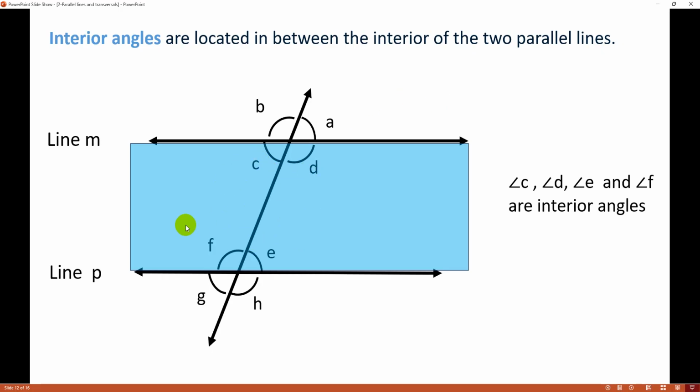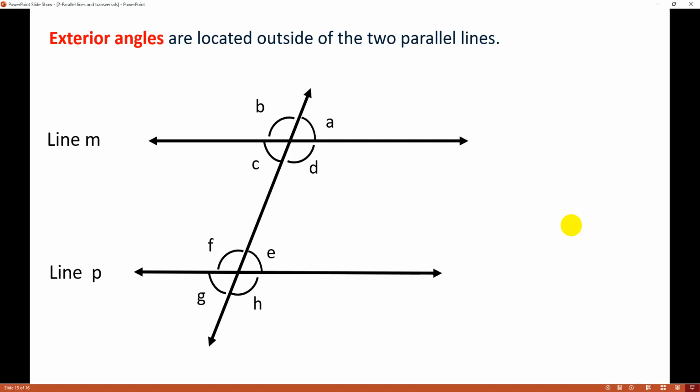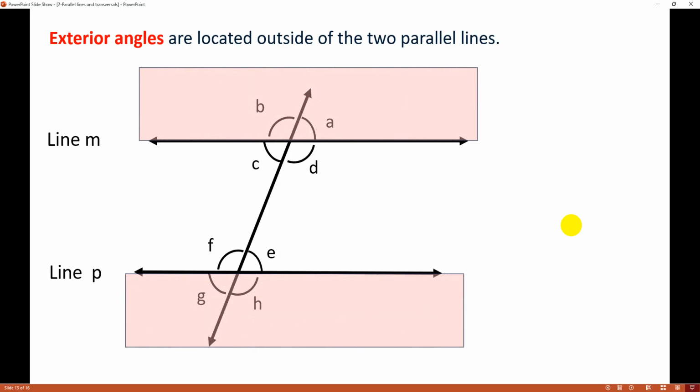So C, D, F, and E, all of them are interior angles. Exterior angles will be the angles on the outside. So A, B, G, H are on the outside of these two parallel lines. So they are called exterior angles.